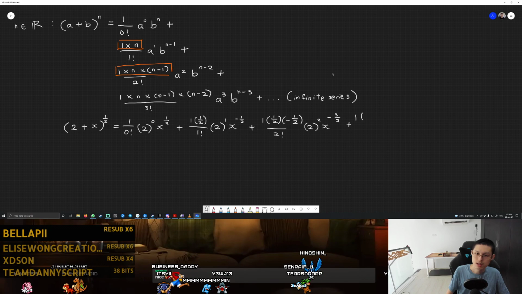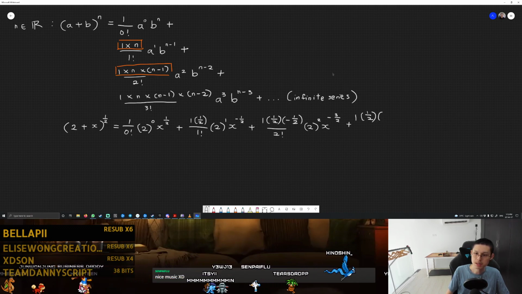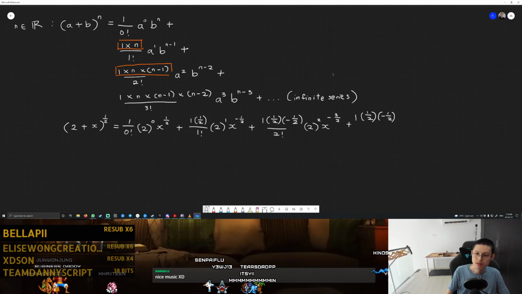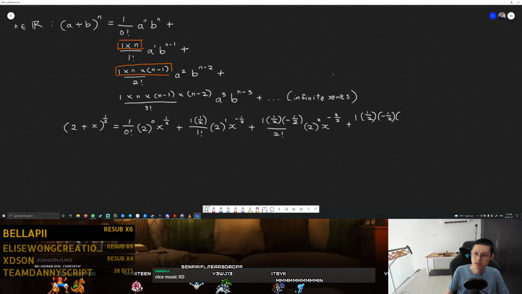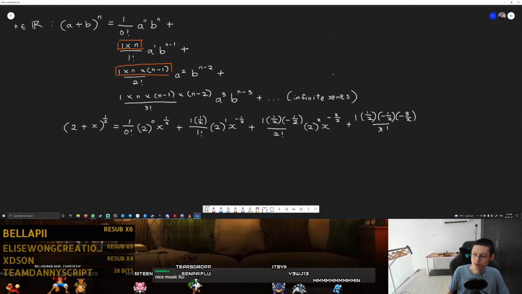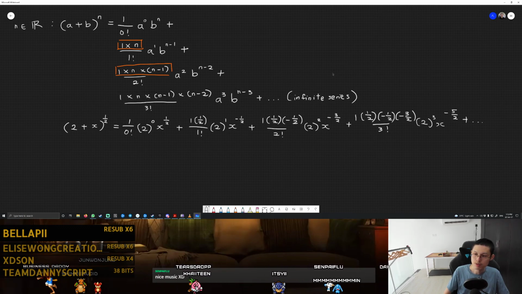And you can see this keeps going forever because you can never get to a point where it terminates, unlike the binomial expansion. So this one is going to be times negative 3/2 and then 3 factorial 2^3 x^(-5/2), and just goes on forever.